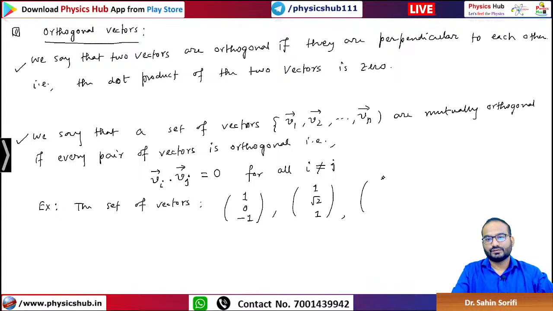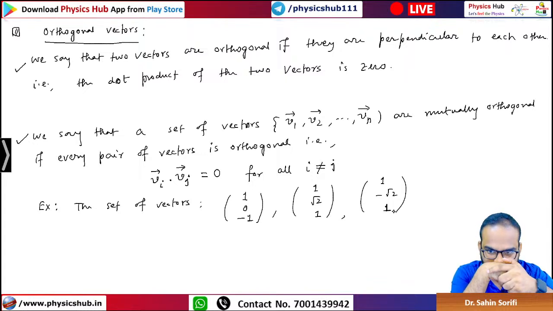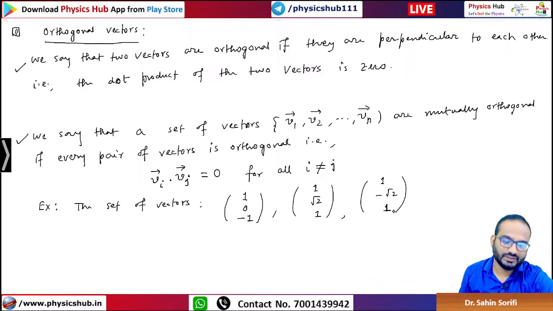And 1, minus root 2, 1. Can you check whether they are mutually orthogonal or not? Please do and let me know.